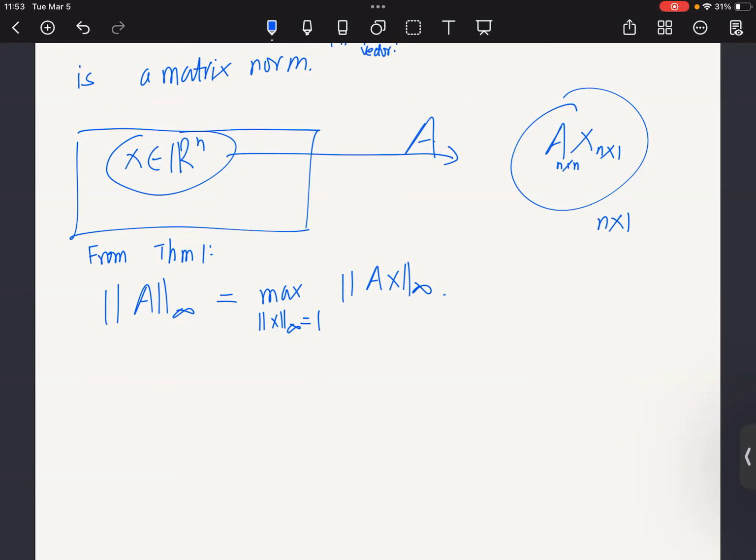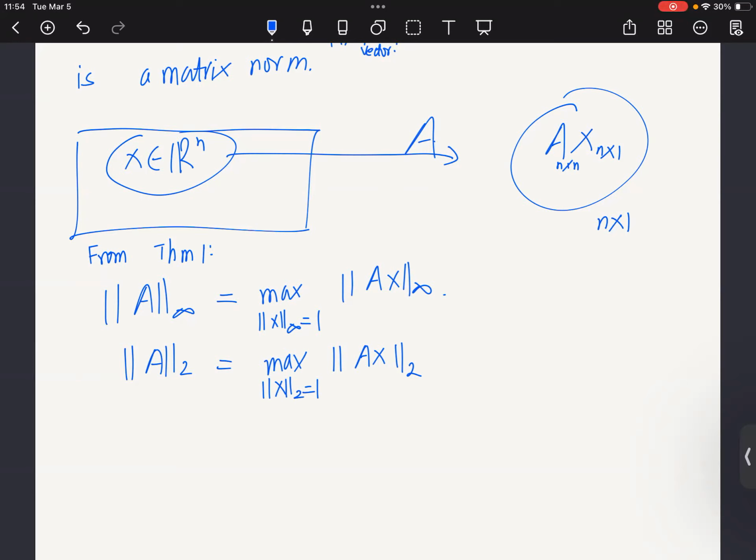We also have the L2 norm for the vector, so here we have the L2 norm for the matrix. We take the maximum among all the unit vectors of the L2 vector norm of AX. That is the definition of the L2 matrix norm.